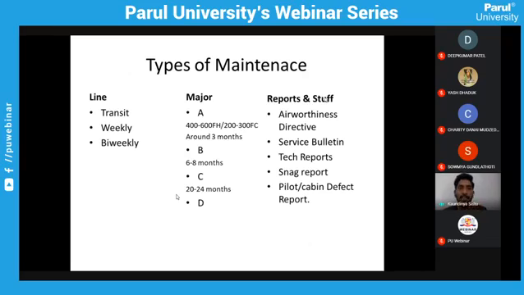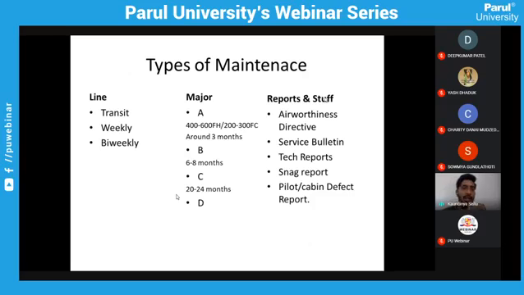Weekly is performed on the aircraft after 7 to 8 days. There are certain filters and tires to be changed during weekly, and bi-weekly is similar, but it is performed every 15 days and more tasks are added. As the number of days increases, more tasks get added.